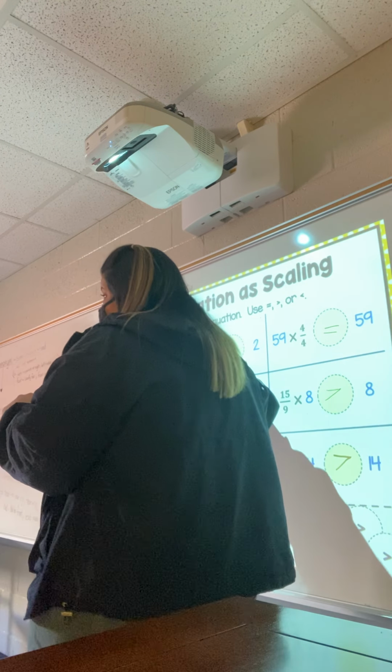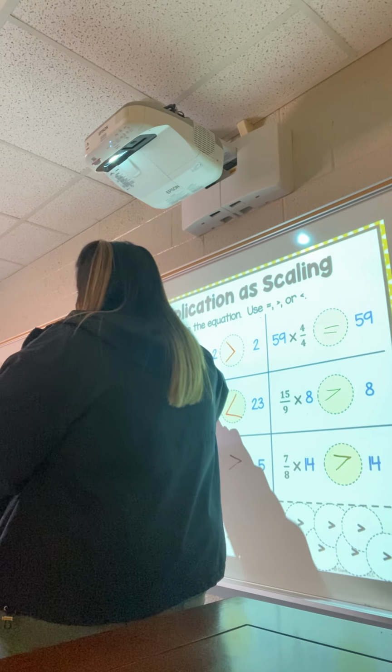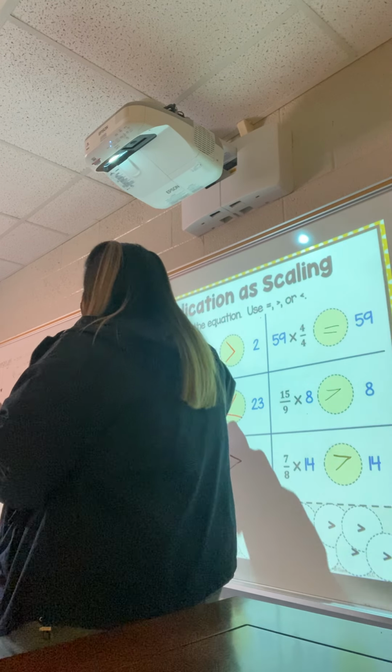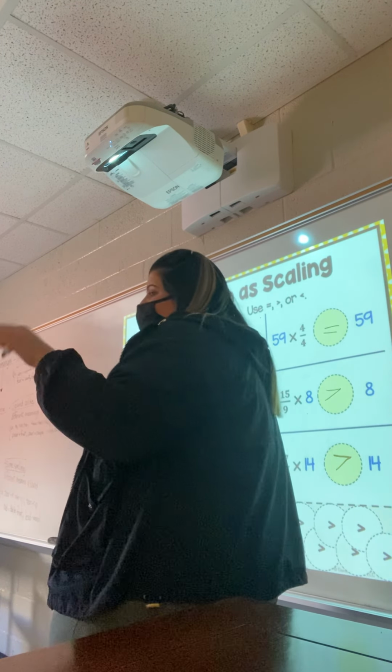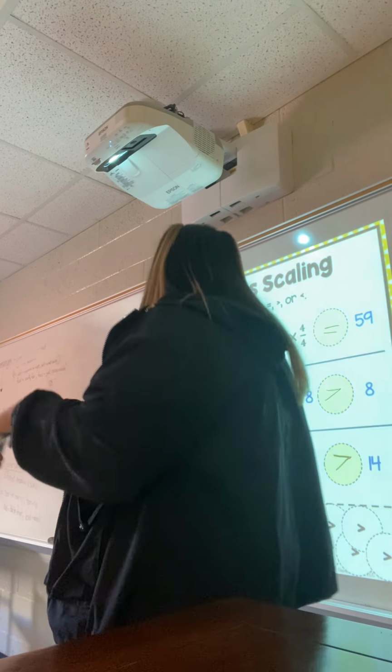But I understand what you're saying because you're saying that when you multiply by this number that's greater than 1 by 2, you're going to get a number greater than 2, right? So I understand that. It does get a little confusing having to compare it to 1 and then know that your product is going to be greater than, less than, or equal to that original factor. But just know that comparing it to that 1 is what helps us know what is going to be true.